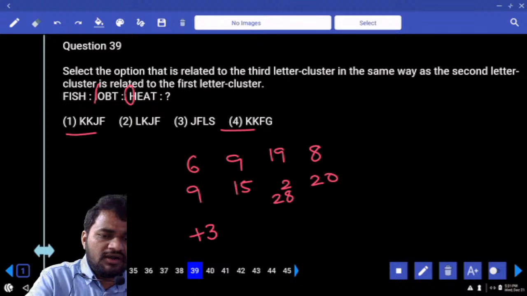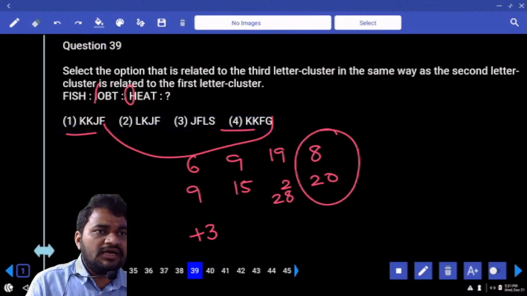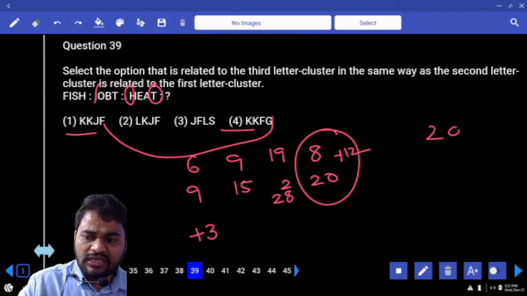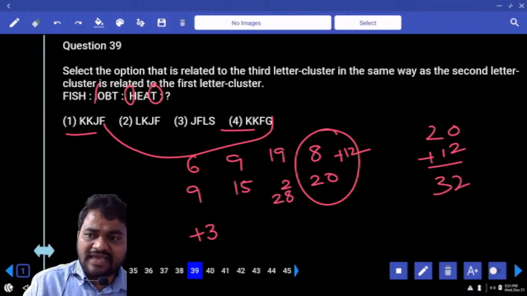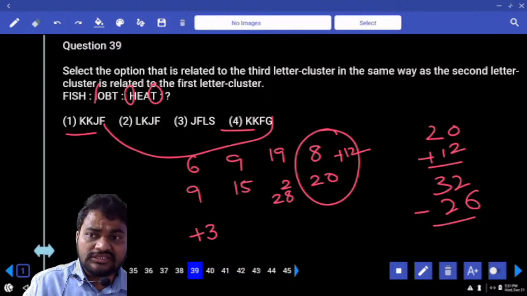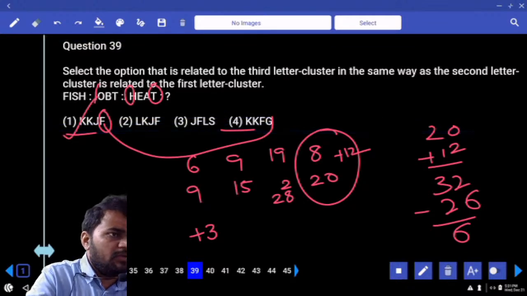Let's go for the last letter, that will be enough. Last letter is 8. 8 becomes 20, 8 plus 12 is 20. Then here we have T. T is 20. 20 plus 12 is 32. 32nd letter means 32 minus 26 is 6. 6th letter means F. Ending with F, that is option number 1.